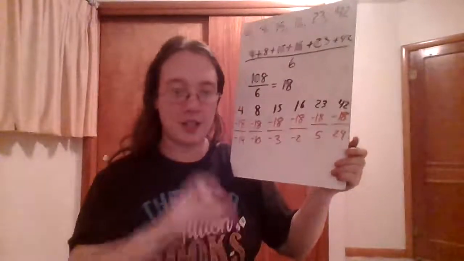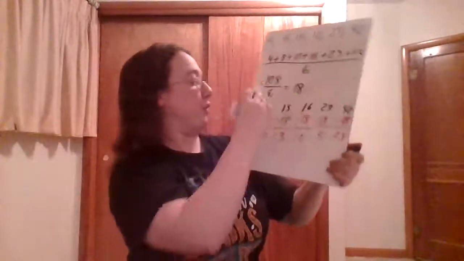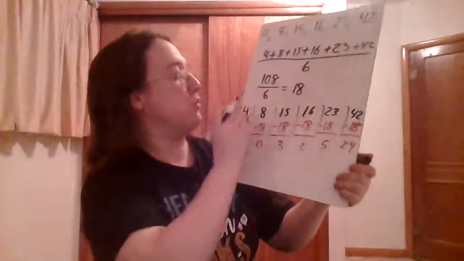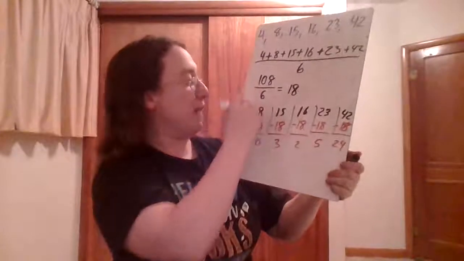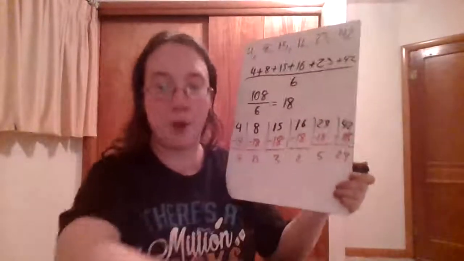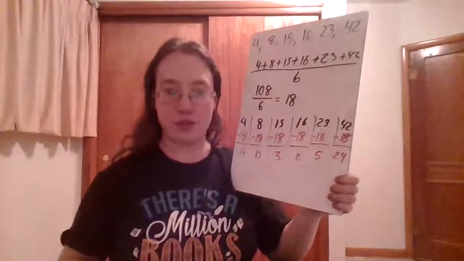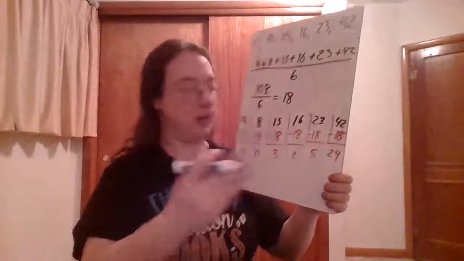Okay, but again, what we really want there is we want the absolute value. So I'm just going to throw absolute value signs around all these. Absolute value. And that just means we're going to ignore these negatives. Which is why it doesn't matter whether I do this or whether I did 18 minus 4. That would give you positive 14. We want the positive anyway. Okay, now we're going to take those numbers, we're going to add them up, and we're going to divide by our number of things.